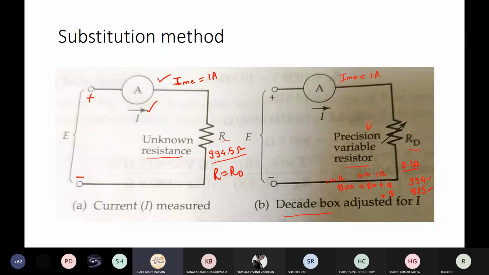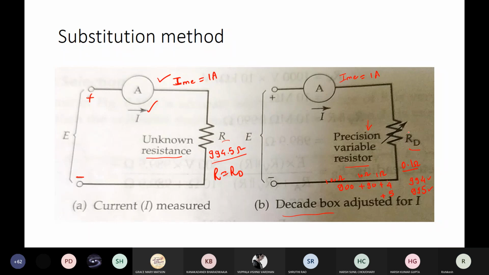Yeah. So I said that we are not able to get the same I measured. We know that the ammeter is not faulty, but we don't have the same precision in the RD. So what I said was, the problem you're trying to avoid is RA, because you don't know RA properly. But using this precision variable resistor, we take two readings and then we get RA from that, because we know E, right?